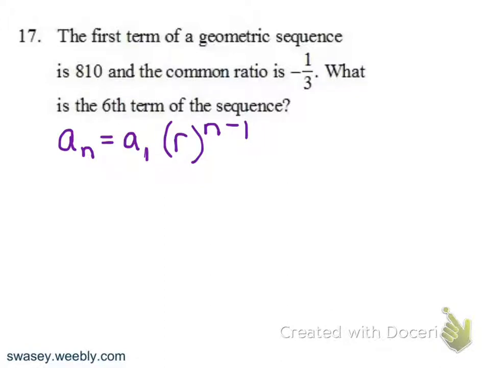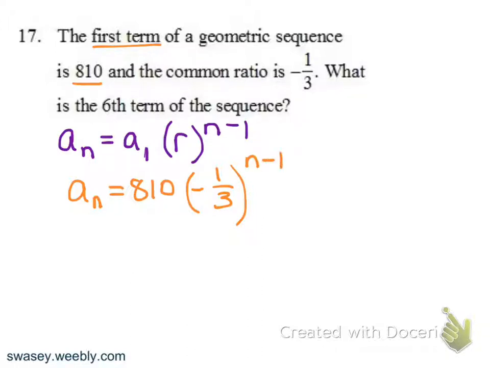All right, here the first term is 810. They tell us the common ratio is negative 1/3. And then we're finding the 6th term in the sequence. So after we come up with the general equation, we'll replace n with 6.